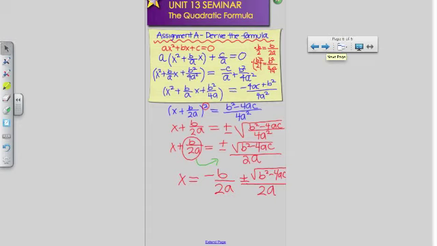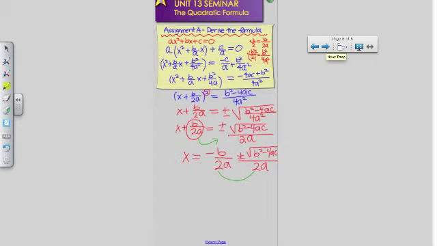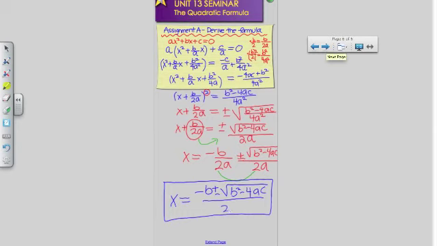Now, because I have common denominators, I can now put everything over the same denominator. So finally, I get the quadratic formula. Negative b plus minus the square root of b squared minus 4ac all over 2a.